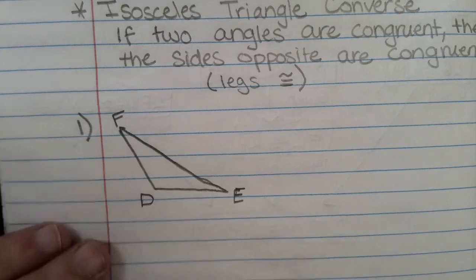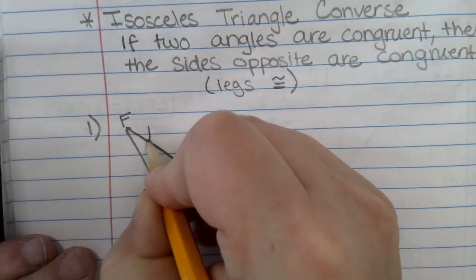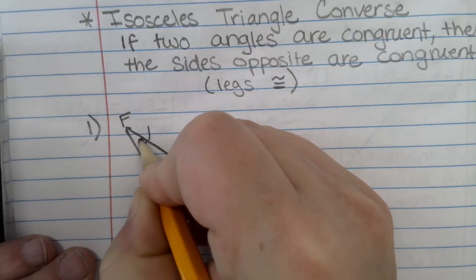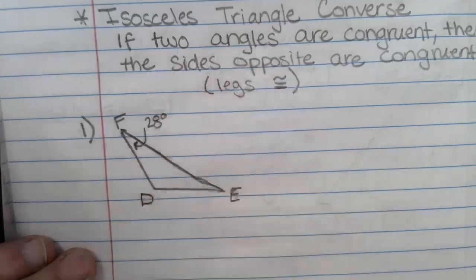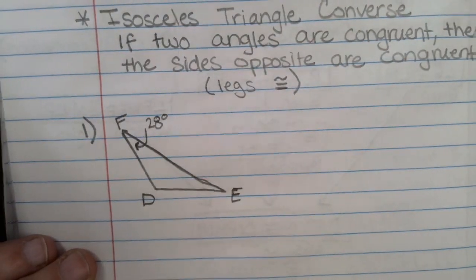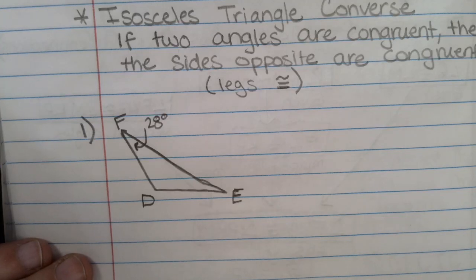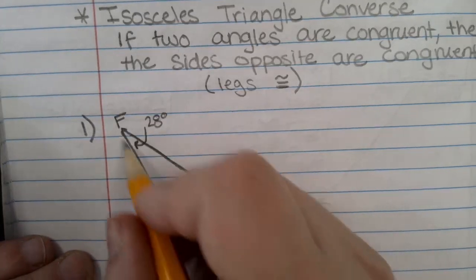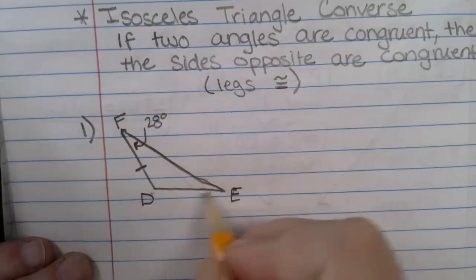We know that F, I don't really have enough room to write in there, so I'm just going to do one of these little arrows that says that that is 28 degrees. And then we also know that FD is congruent to DE.